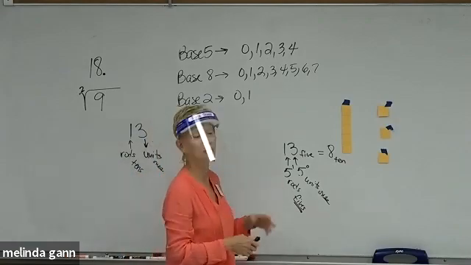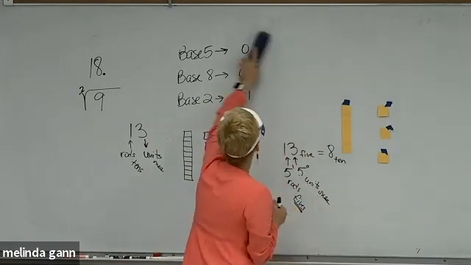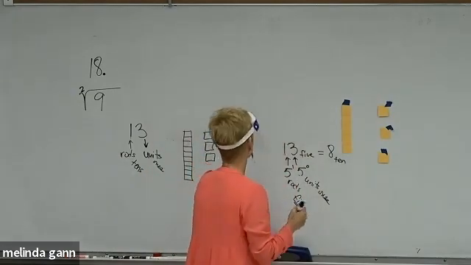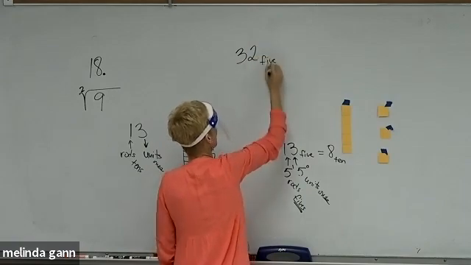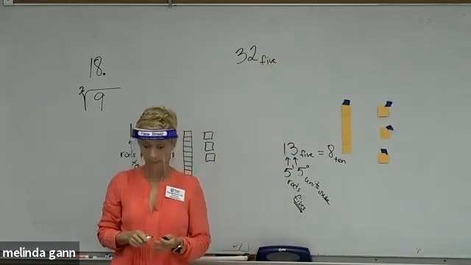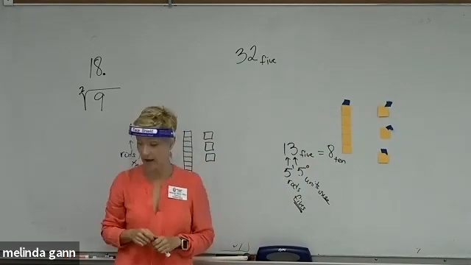Now, make this one with your base 5. All right. I want you to make a 3, 2 in base 5. Take your base 5 blocks and make a 3, 2 in base 5.